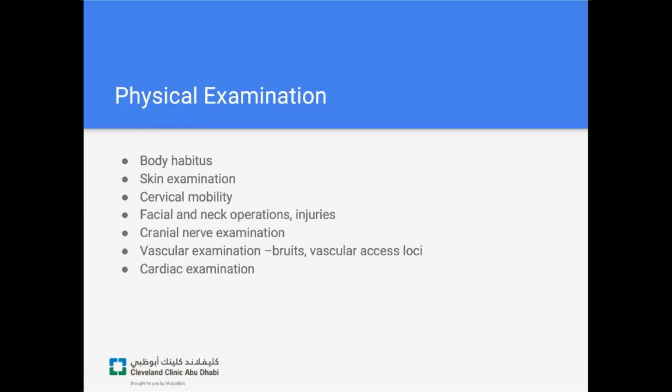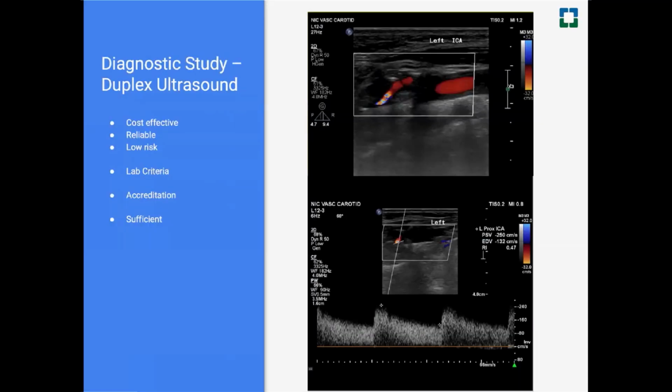The vascular examination involves listening for bruits and checking for vascular access locations. And then cardiac examination is important, in particular listening for valve murmurs and arrhythmias, which usually will trigger either an echocardiogram or stress test and or a cardiology evaluation.